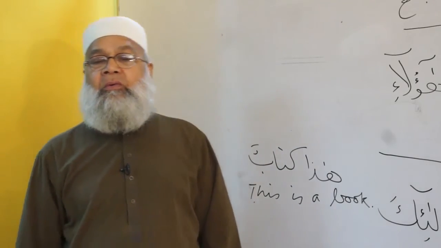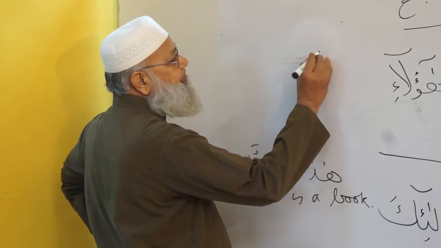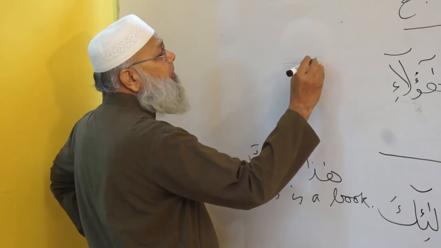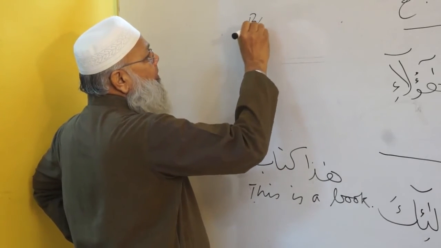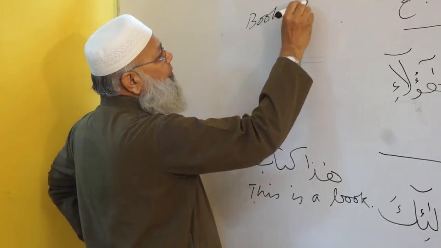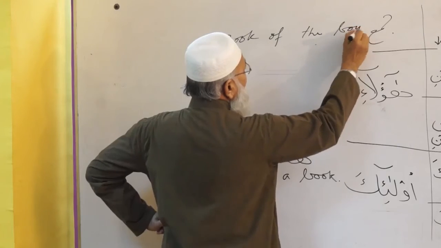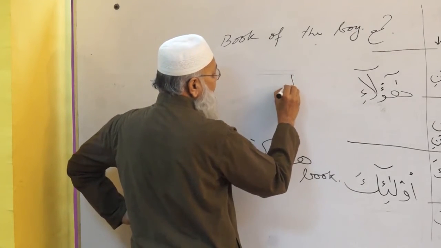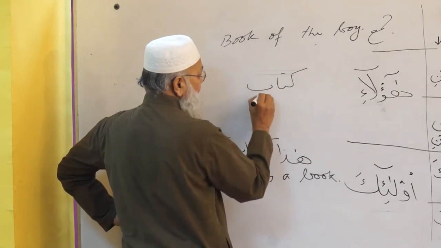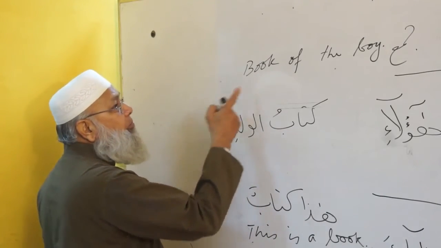Now, if you have a murakkab izafi, like book of the boy. Book of the boy is Kitabul Waladi. Kitabul Waladi, book of the boy.